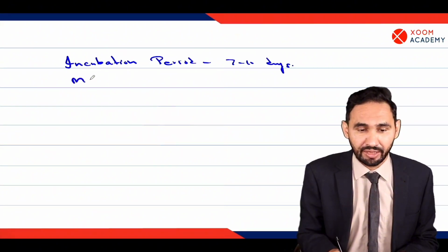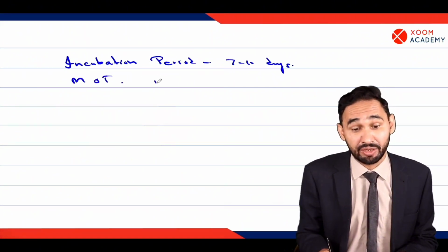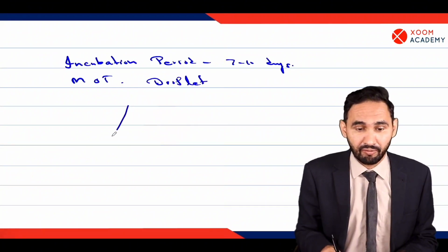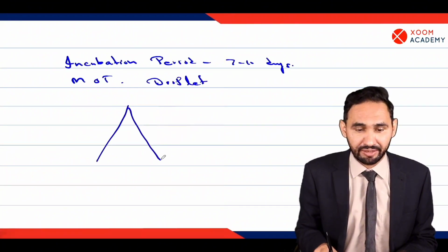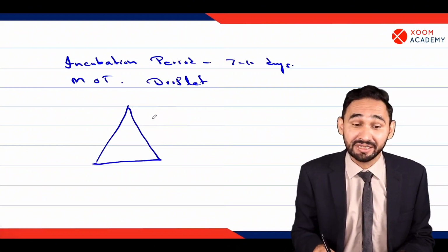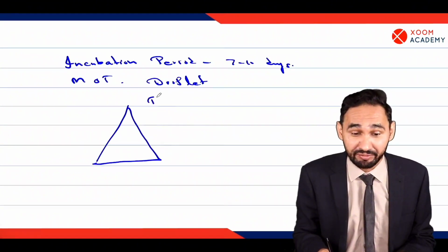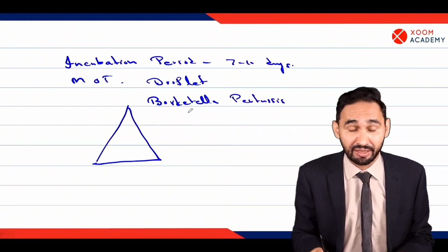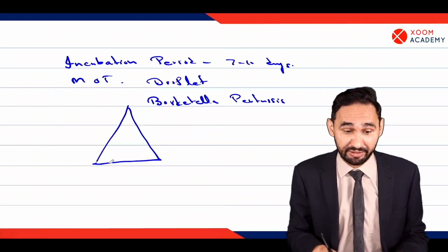Mode of transmission, like all other diseases of the respiratory system, is droplet infection. What is the triangle? It is a bacterial disease, caused by Bordetella pertussis. It's the causative agent, or Bordetella parapertussis.